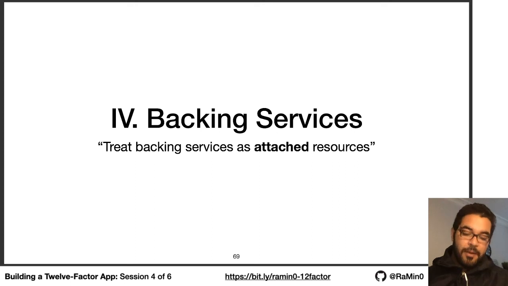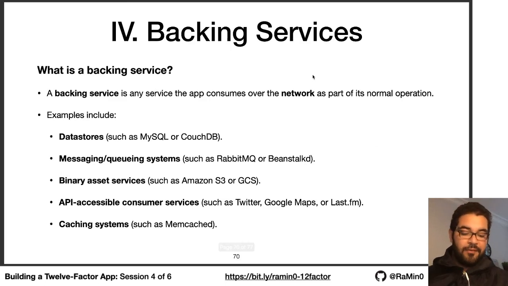And what I mean by backing services is that whatever 12 factor app that we're building should assume that any service that it needs or relies on is a resource that is connected to it. And what I mean by a resource is that it's like a service running somewhere. The app doesn't really care about where that somewhere is.